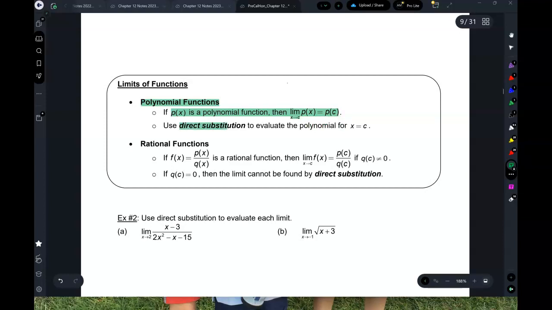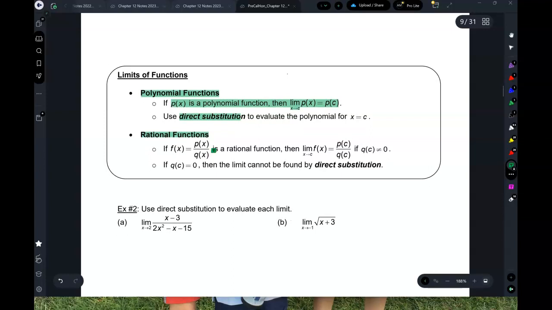So use direct substitution. If you have a rational function, p of x over q of x, you do the same, just direct substitution. And this works as long as you don't get 0 in the denominator.